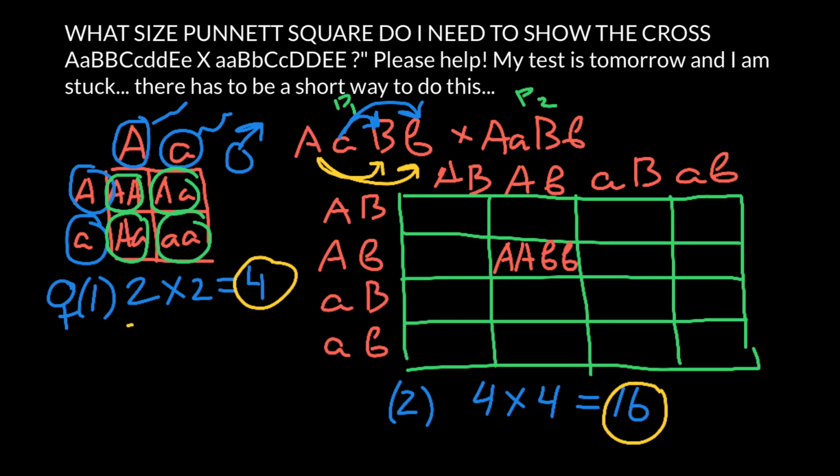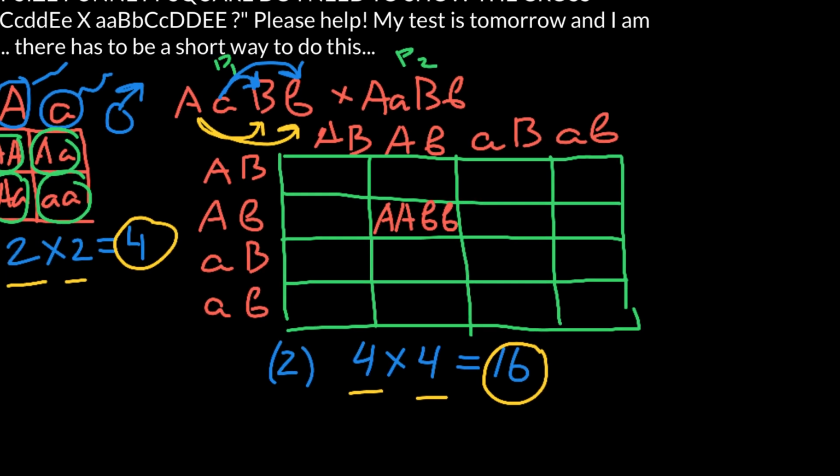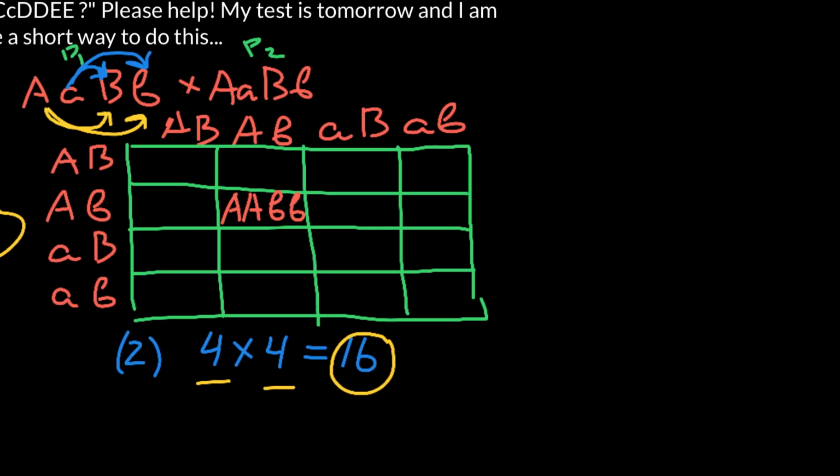If we have here 2 by 2, here we have 4 by 4. Now we are not going to write down another variant with 3 genes. Let's just do it mathematically. So if we would have 3 genes, our Punnett square is going to be 8 by 8. So we'd have 64 cells.